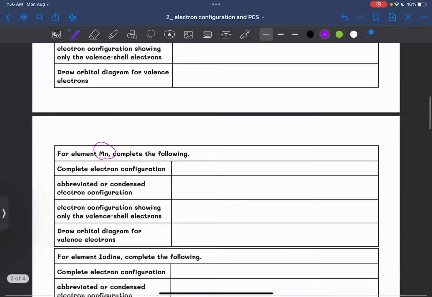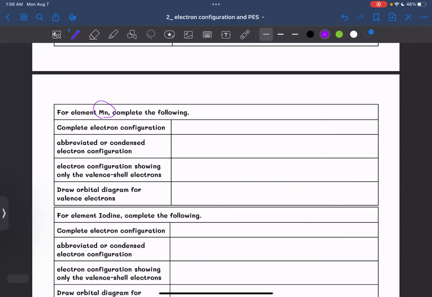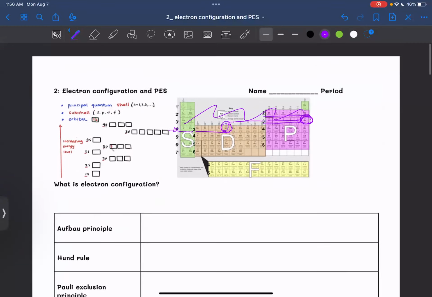Let's go Mn: 1s2, 2p6, 3s2, 3p6, 4s2, and then 3d5, or Ar, 4s2, 3d5.